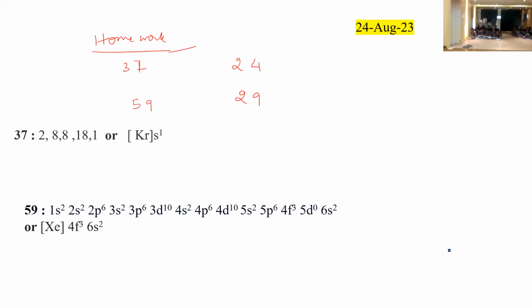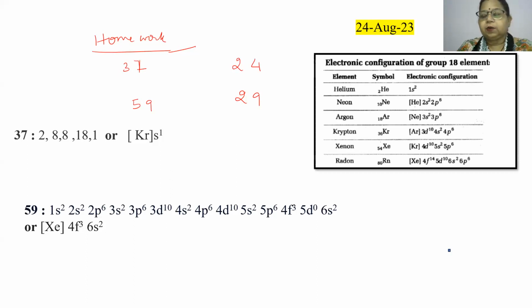Okay, correct. Krypton. See, here you can see there is another way of writing the configuration of an element. Sometimes, just in order to save time, we take the configuration from the zero group elements and then write the rest. Krypton is assigned atomic number 36.